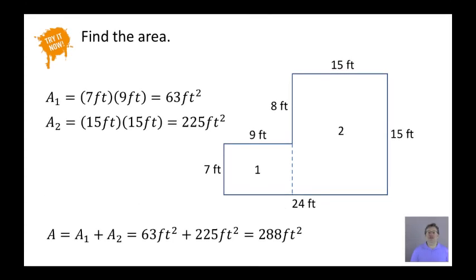Welcome back. Well, this is one of many ways in which you could have calculated the area of this figure here. What I did is I divided it up into 2 rectangles, a smaller one to the left and a larger one to the right.